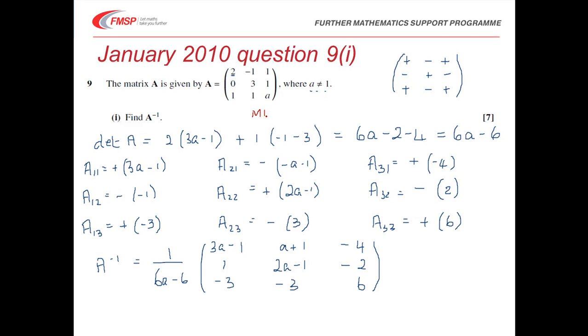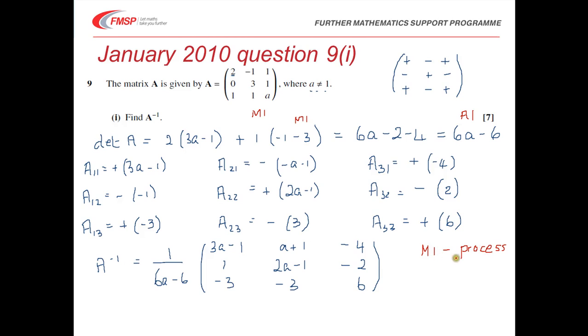There was another method mark for getting at least 1 of these 2 by 2 determinants sorted, so I'll put another M1 there, and there was an accuracy mark for getting the correct determinant. So 3 marks for the determinant, and then for the inverse of the matrix there was a mark for the process. So a method mark for using the right sort of process.